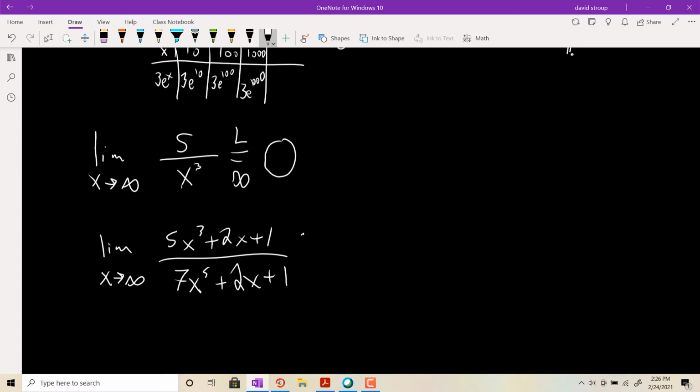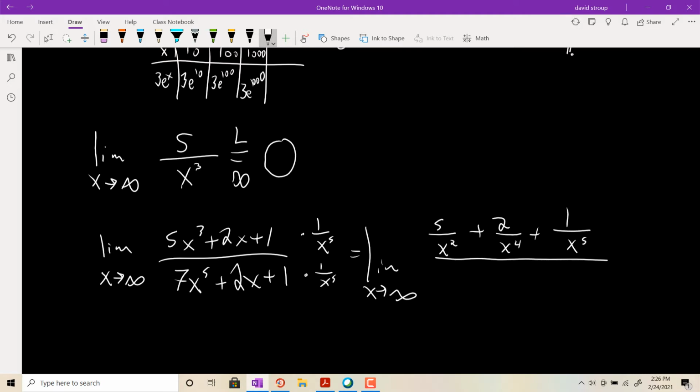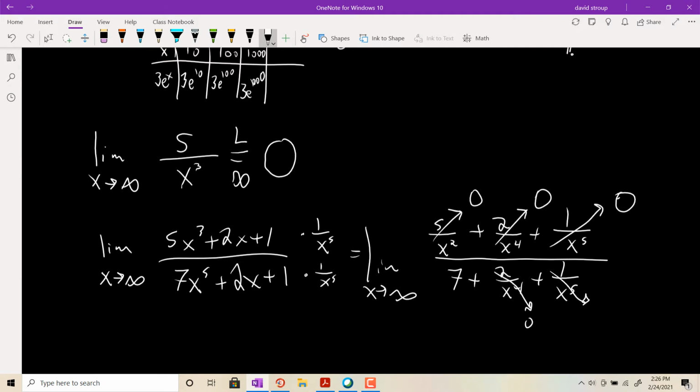You can multiply top and bottom by 1 over x to the 5th, and you end up with the limit as x goes to infinity of 5 over x squared plus 2 all over x to the 4th plus 1 all over x to the 5th, all over 7 plus 2 all over x to the 4th plus 1 all over x to the 5th. And then these little parts are all L over infinity, right? So this will go to 0, this will go to 0, this goes to 0, this goes to 0, and you're left with 0 over 7, which is just 0.